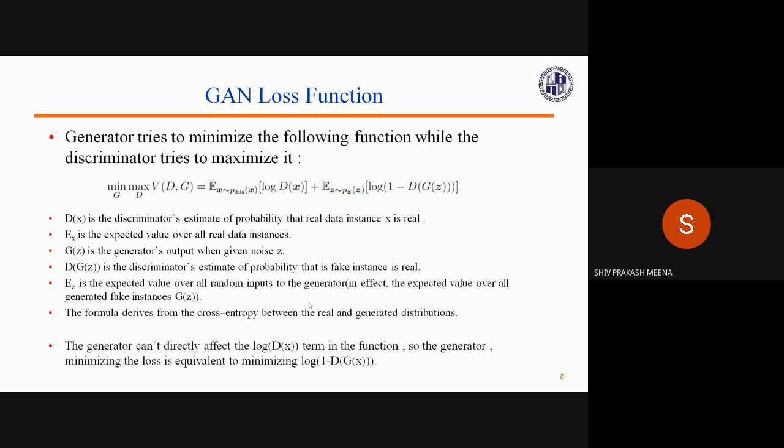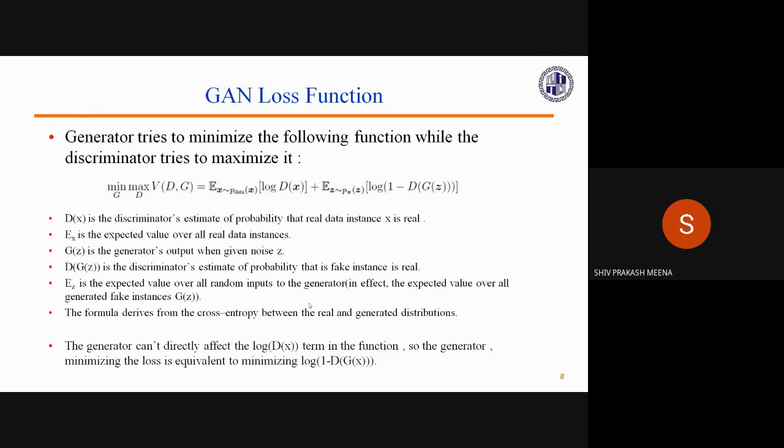Here is my z, which is noise, and based on the noise I have a probability distribution p of z. Here I have a D function, or sorry, the discriminator function. Basically D would be the discriminator, and into this I will feed x.